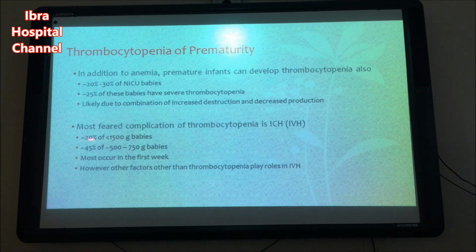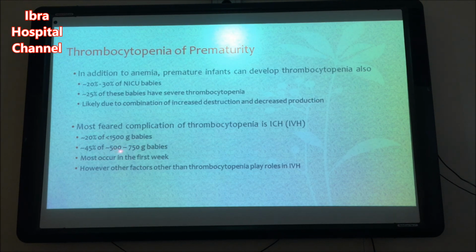This is commonly seen in very low weight babies. If the weight is less than 1.5 kilograms, then there is a 20% risk of them developing ICH.